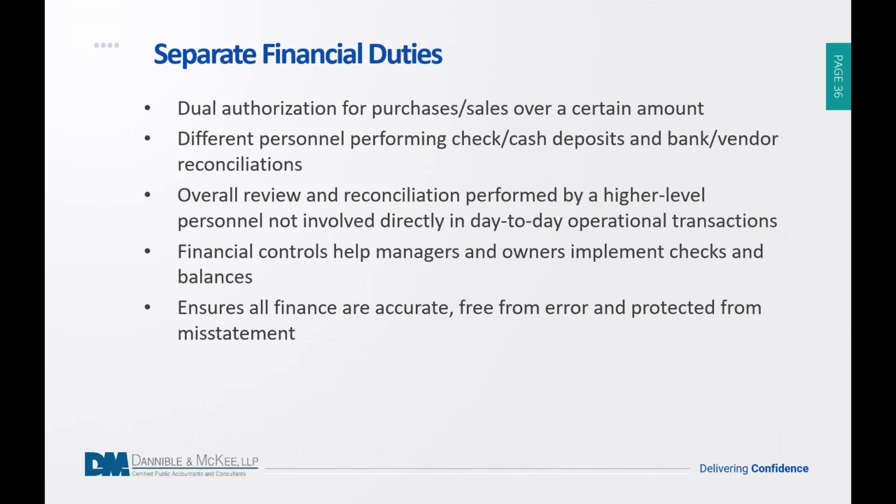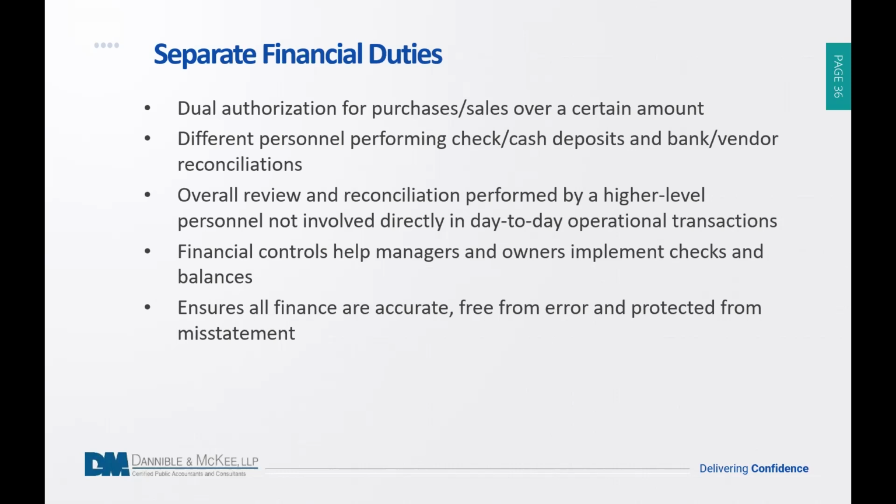You have different personnel performing check and cash deposits versus who's doing the bank or vendor reconciliations. Overall review and reconciliation is performed by someone at a higher level, someone not involved directly with customers or vendors, or involved in the day-to-day transactional operations, more high level.